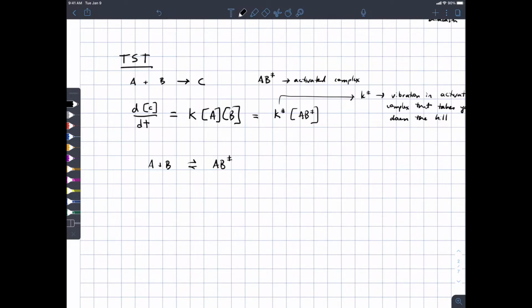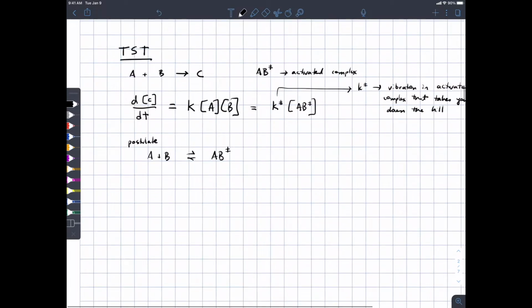You can be in equilibrium between minima, but not with a transition state. Nevertheless, this was an assumption that Eyring made when deriving this stuff, and you can actually justify it later. We'll say that the equilibrium constant between A and B is the big K double dagger.